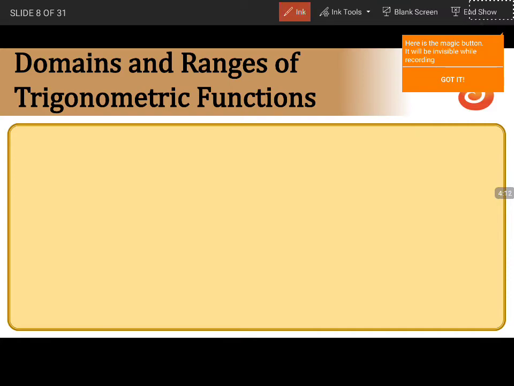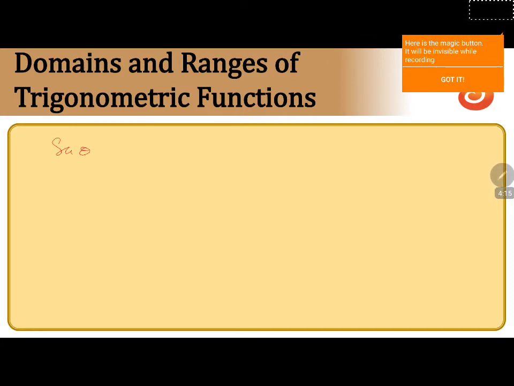Let me take up secant theta. Secant theta is 1 by cos theta. If cos theta is a proper fraction between -1 and 1, secant theta is its reciprocal.